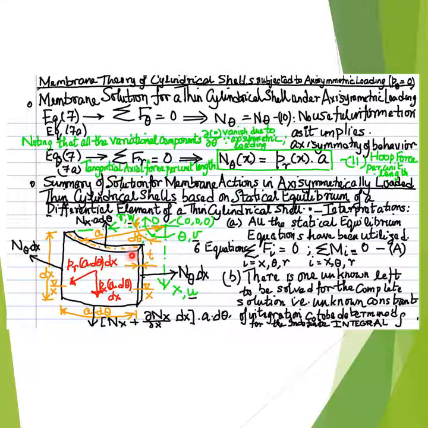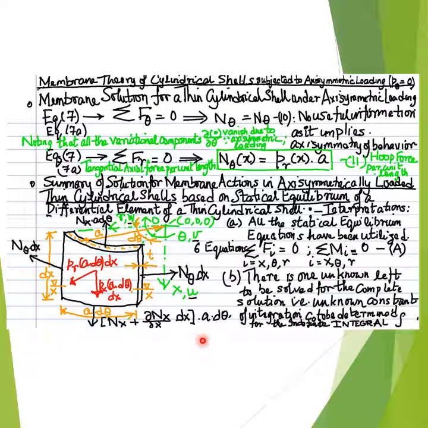In other words, since axisymmetry or the existence of axisymmetric conditions in the differential thin cylindrical shell element exhibited in the present figure does not allow any variation in the tangential or circumferential direction theta.